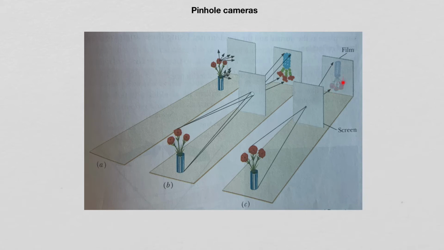So the image will be much dimmer compared to the previous example. So this simple device operates based on the principle of reflection of light.